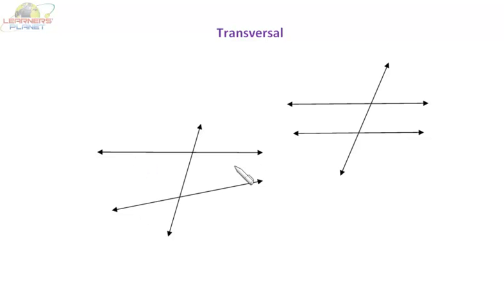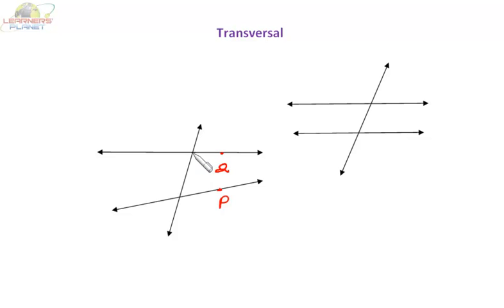Maybe this line is P and this is line Q. So these are the two lines and the third line is intersecting both of them. So we call it a transversal. That means a third line which is intersecting two lines at only one point.